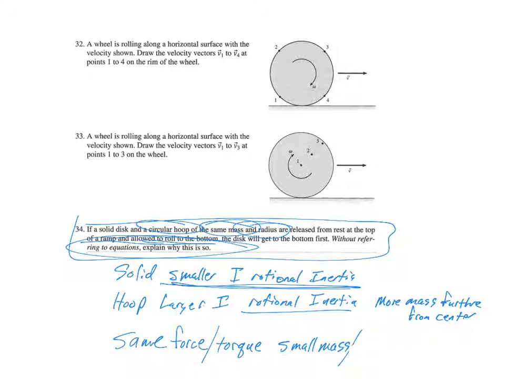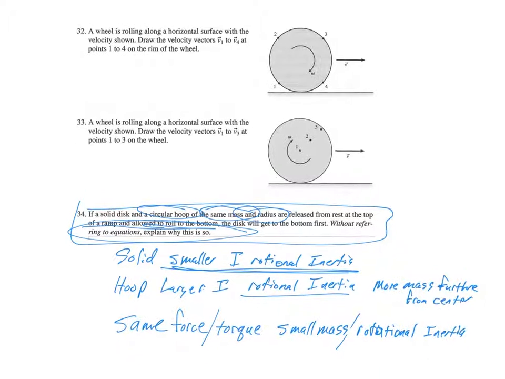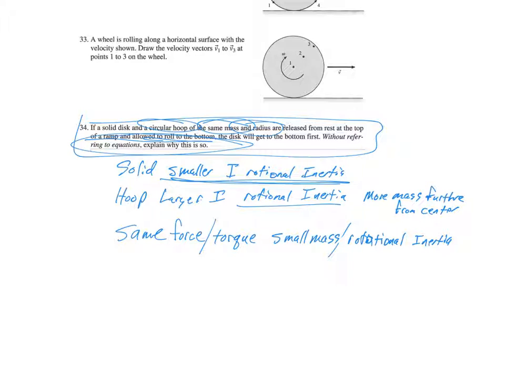Small mass, which we're not calling mass anymore, it's rotational inertia. Why am I missing on that? Rotational inertia. It's going to be easier to move/accelerate faster, or accelerate more, I should say.